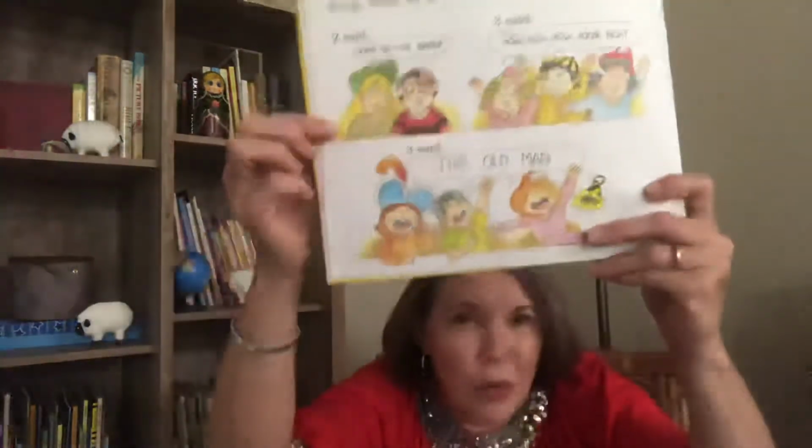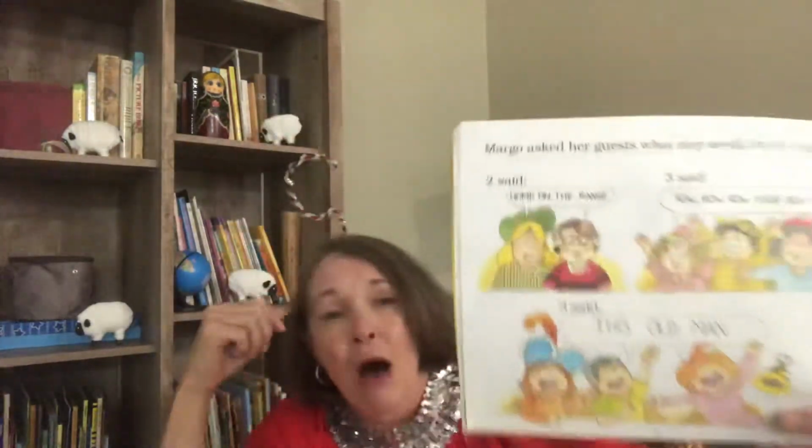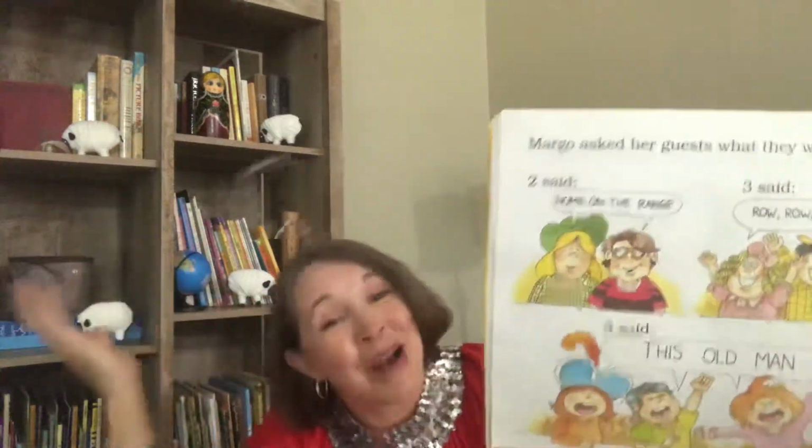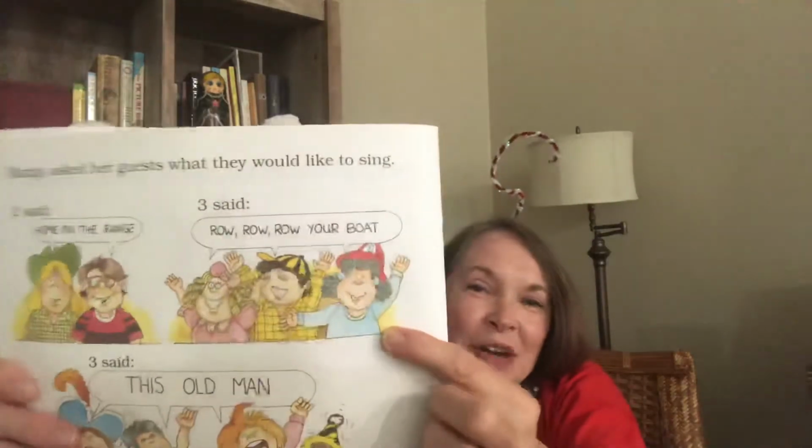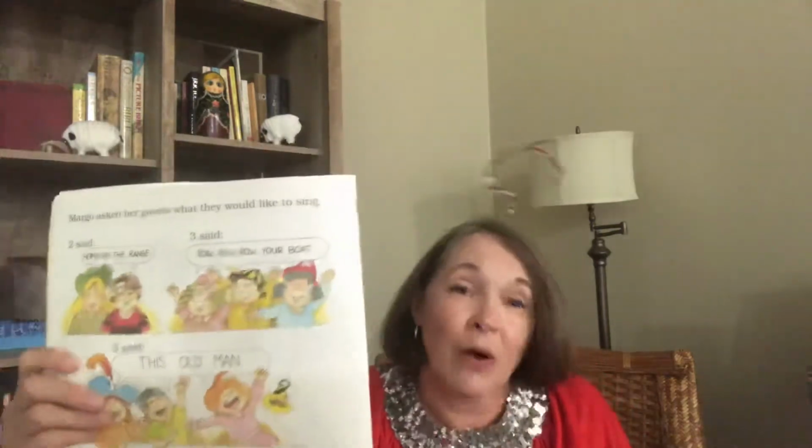These 2 wanted to sing the song, Home, Home on the Range. These 3 wanted to sing the song, Row, row, row your boat. These 3 wanted to sing the song, This Old Man. This guest wanted to sing, Itsy Bitsy Spider.